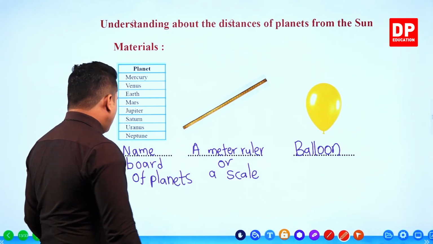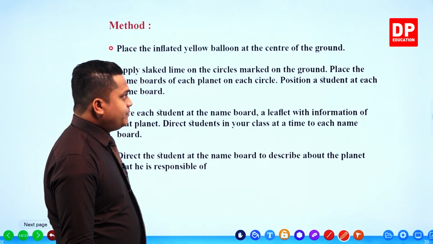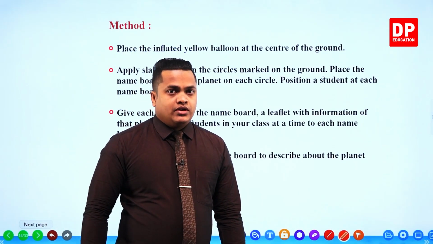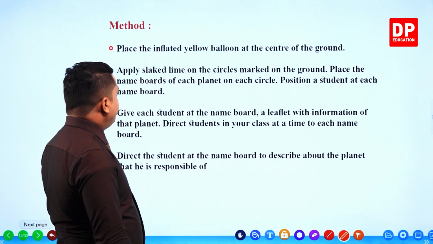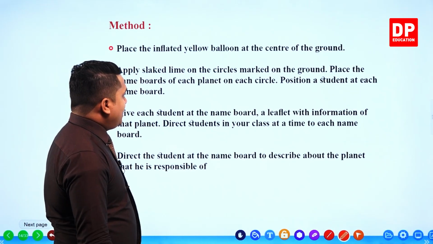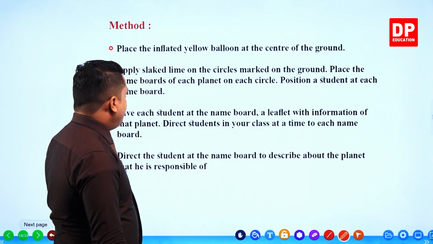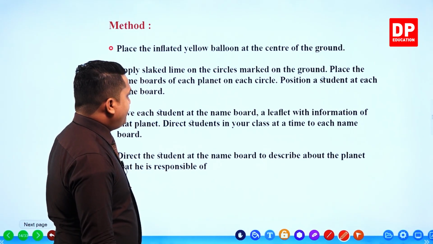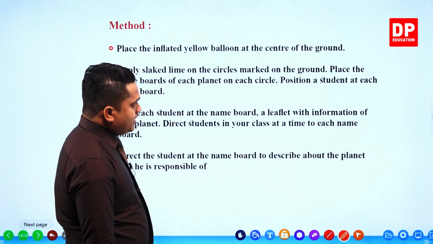Right, then let's head on to see what the method is. Place the inflated yellow balloon at the center of the ground. Then apply slaked lime on the circles marked on the ground. Place the name board of each planet on each circle.